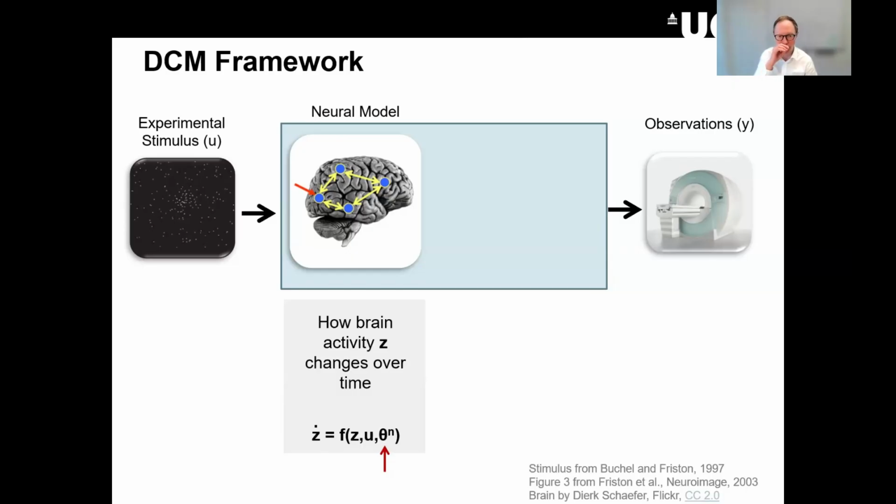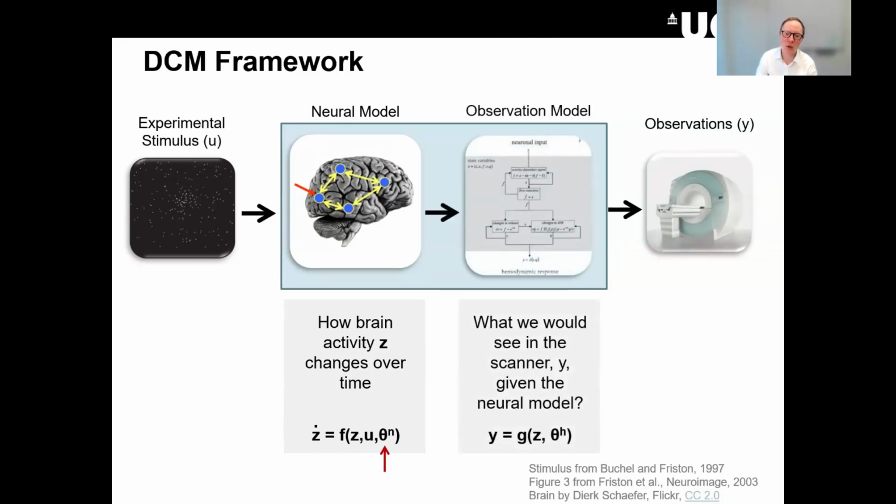So that's half the model, but we're missing half. Because remember, what we measure with BOLD fMRI is not neural activity. What we measure with BOLD fMRI is hemodynamics. So we need a second part of the model that says, what would we see in the scanner given the neural model?